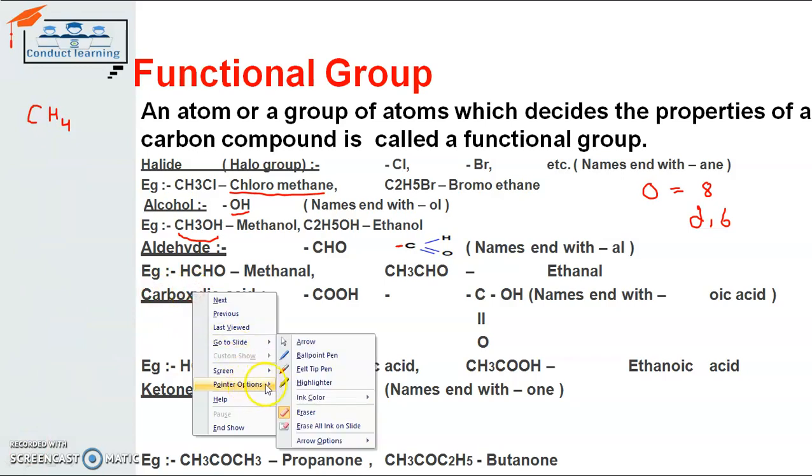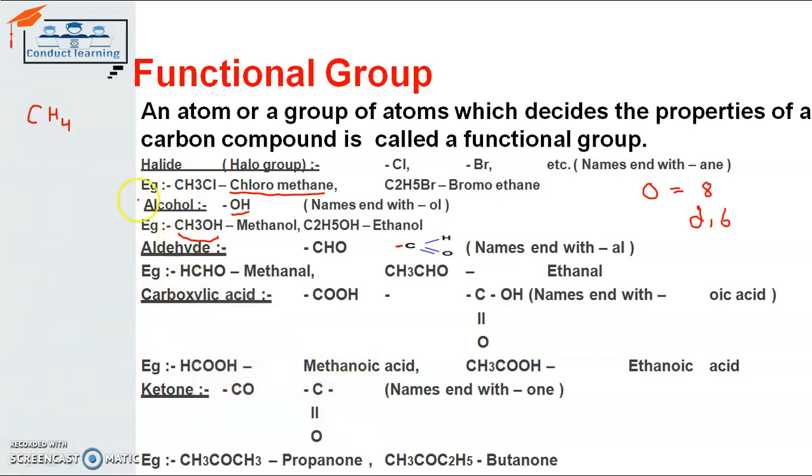As we all know, the chemical formula for methane is CH4, and methane contains only a single carbon atom. This single carbon atom is already there in the functional group of aldehyde. That means the carbon already has the double bond with the oxygen and a single bond with the hydrogen.